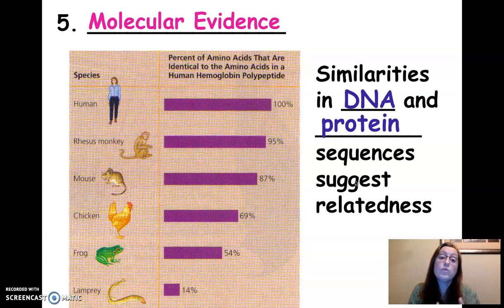So this indicates we share a more recent common ancestor than we share with chicken, right? There's only 69% in common with a chicken. So wherever our branch left and gave rise to chickens versus humans, that happened much further back in evolutionary time compared to the branch that split between other primates like monkeys versus humans.